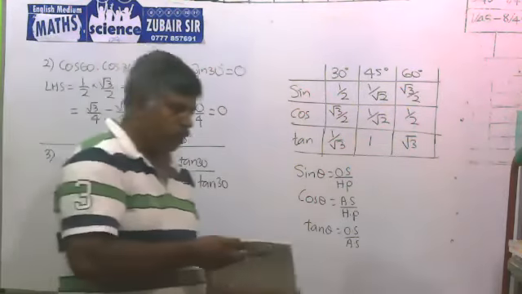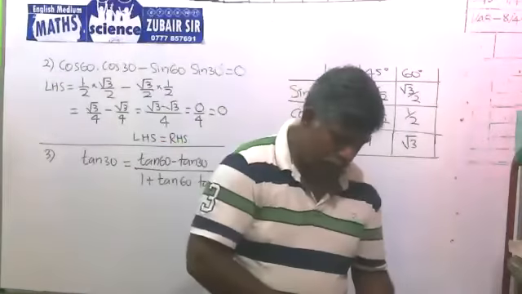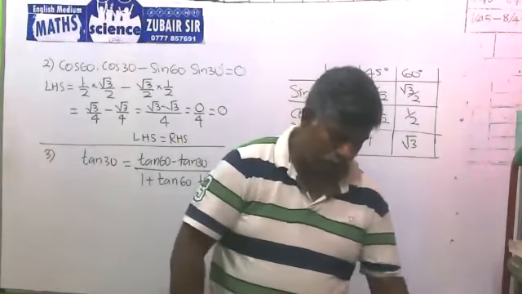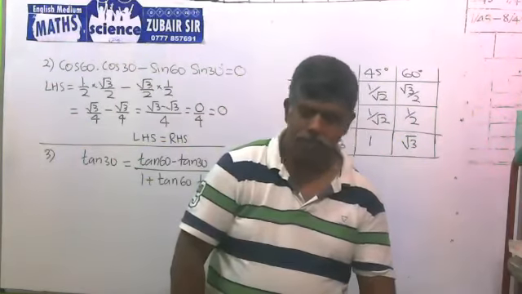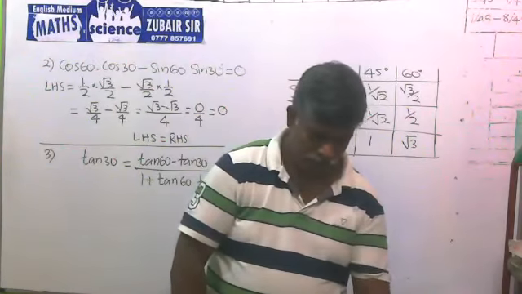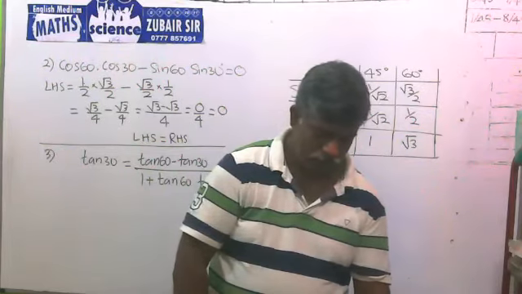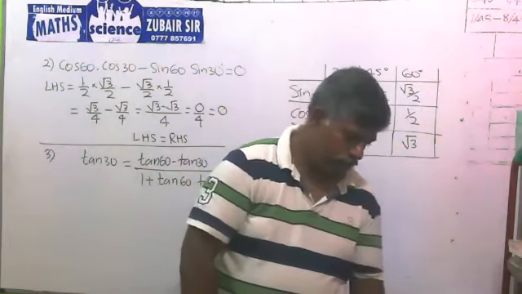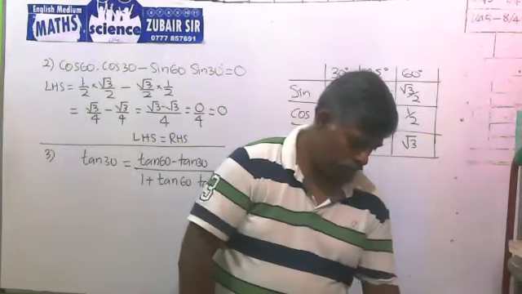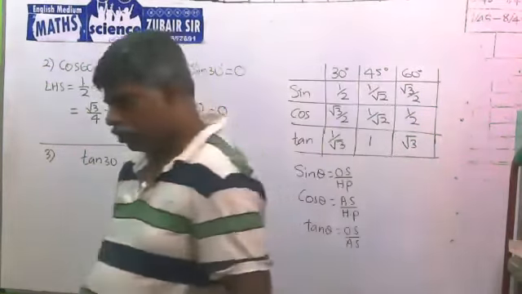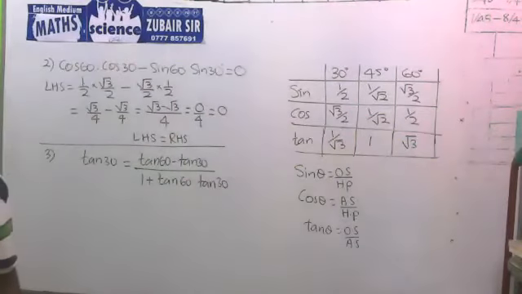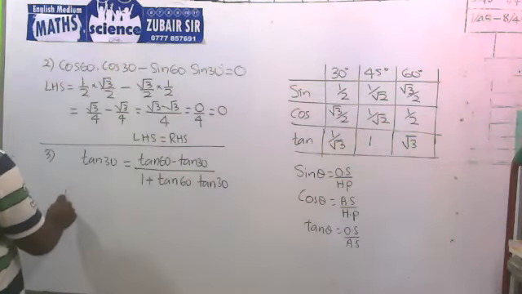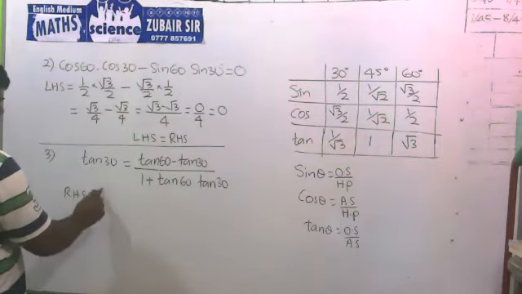So tan 30 is equal to tan 60 minus tan 30 over 1 plus tan 60 tan 30.